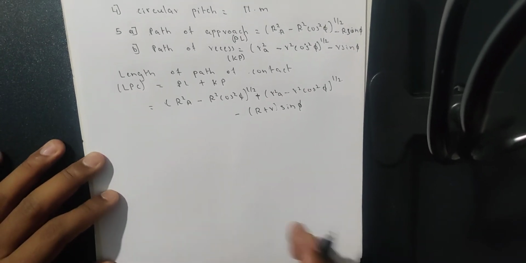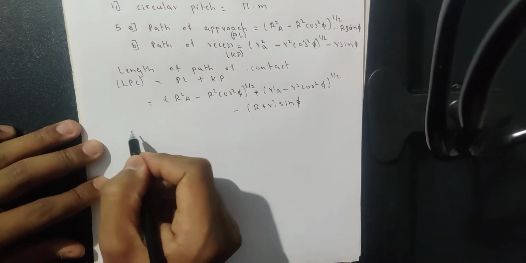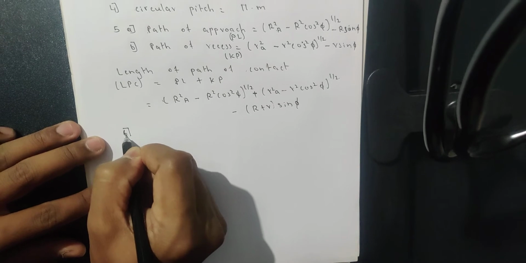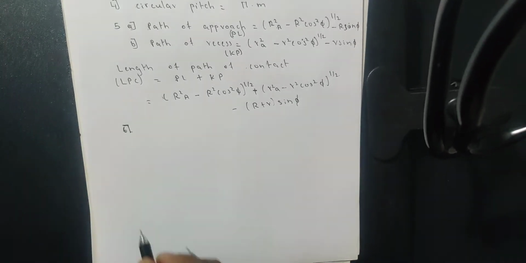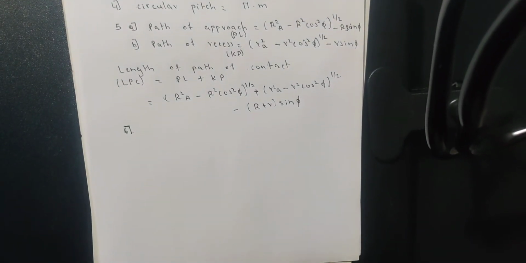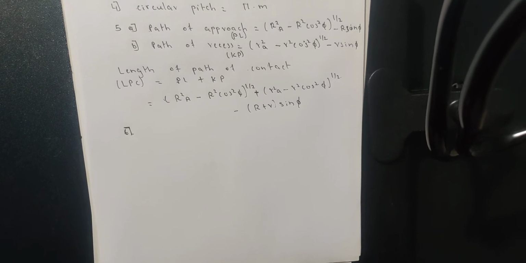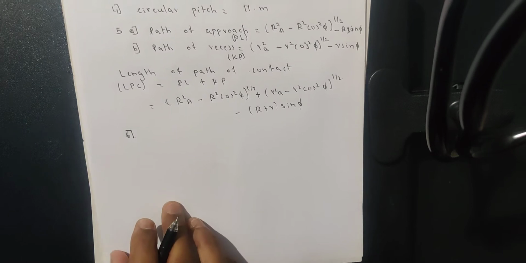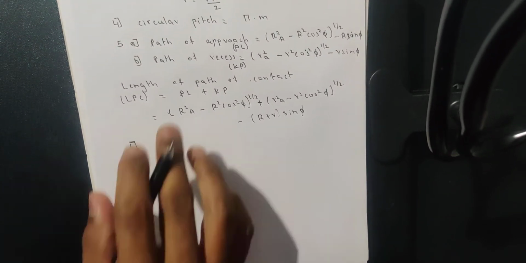Next comes the next formula. Before doing that, we'll take one more thing, called the maximum path of contact. I'll just share that. So this is only the path of approach.